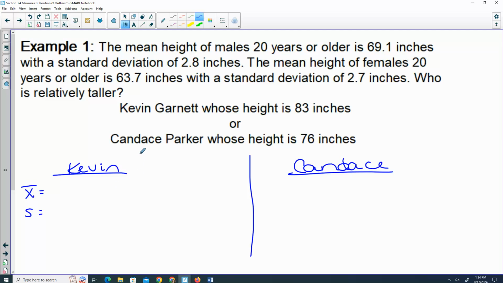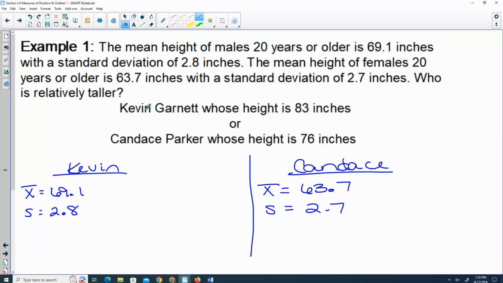Kevin is a male, so the mean height for the males is 69.1, and the standard deviation for that group is 2.8. Candace is female, so the mean height for the females is 63.7, with a standard deviation of 2.7. I took all the numbers given up there and broke them into their groups.